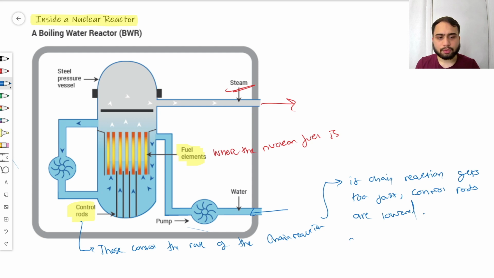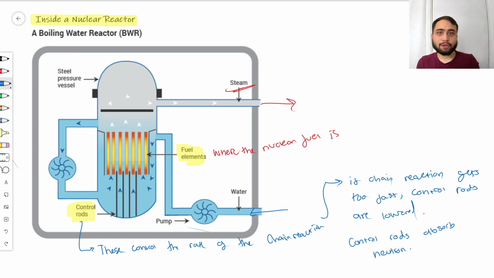Control rods absorb neutrons. So now that they're absorbing neutrons, that means that there aren't any neutrons for the fuel to actually absorb. So the fuel can't break down into daughter nuclei, so it can't release more energy, and it can't release more neutrons as well. And so the chain reaction starts to slow down.